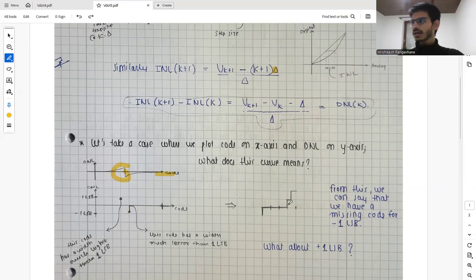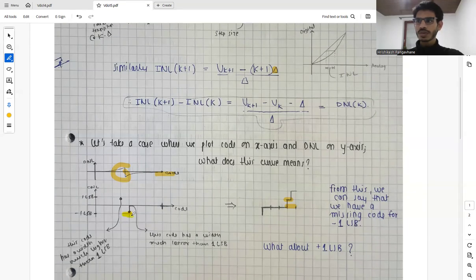So if this is our code, and we have this LSB, then its width is much higher than the LSB. And talking about this code, if we have this LSB, then its width is much lesser than the LSB. From this, we can say that we have a missing code for -1 LSB.